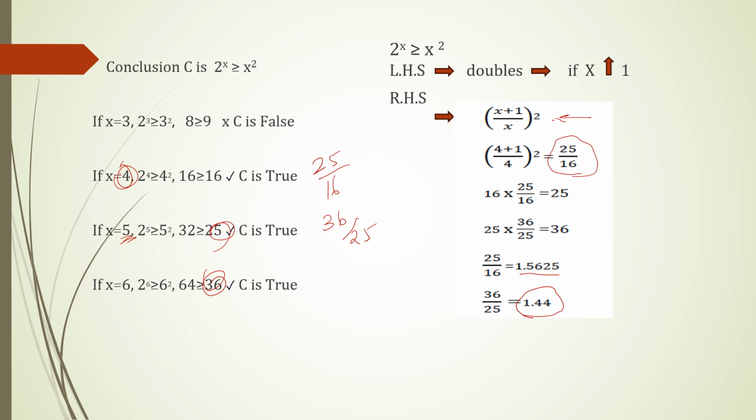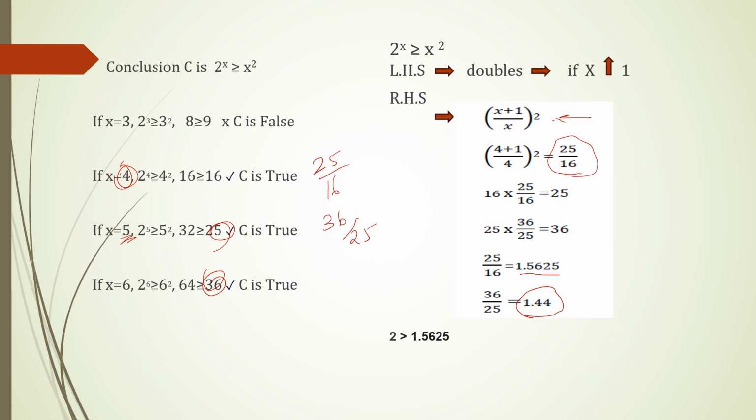So we can say that the left-hand side is doubling. So 2 is greater than 1.5625. Your right-hand side growth factor cannot be greater than 1.5625, as in each and every further step, this value keeps decreasing.